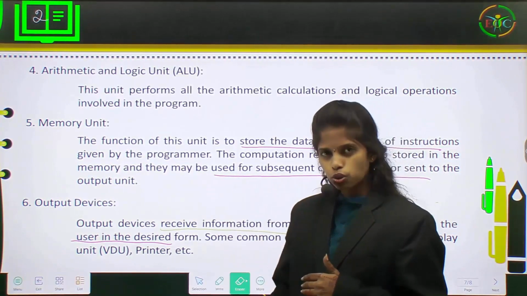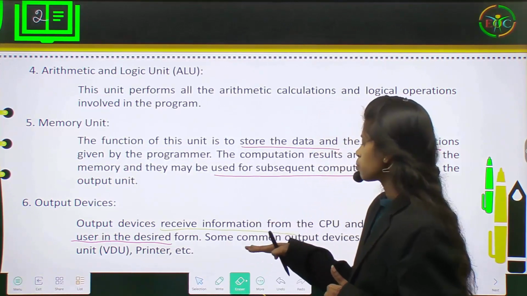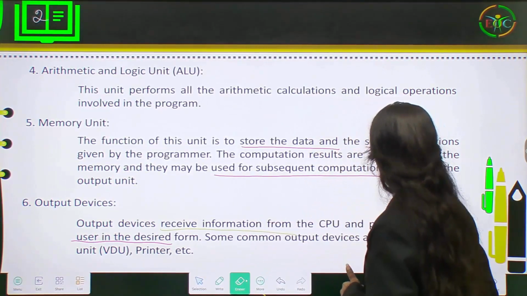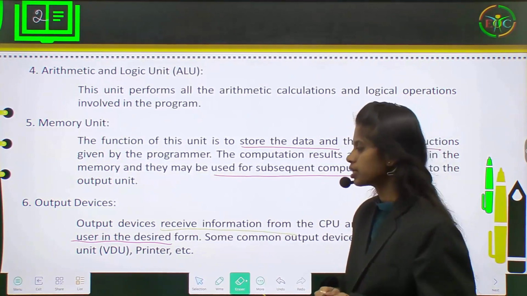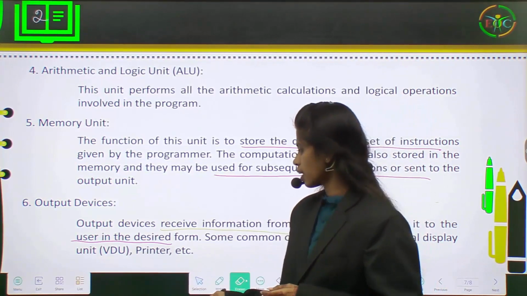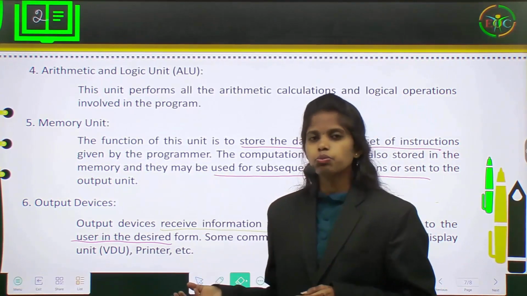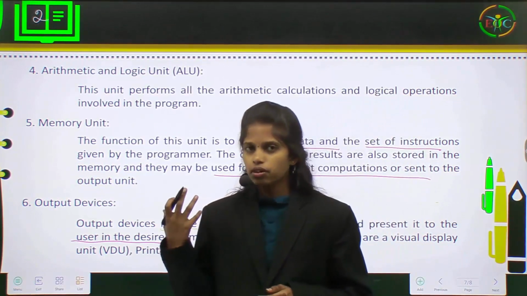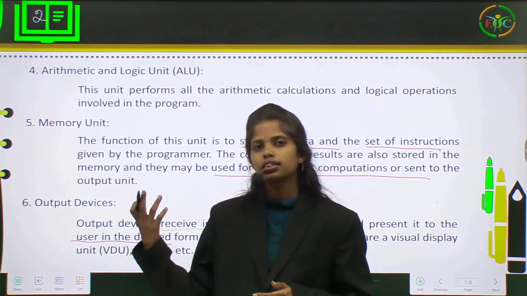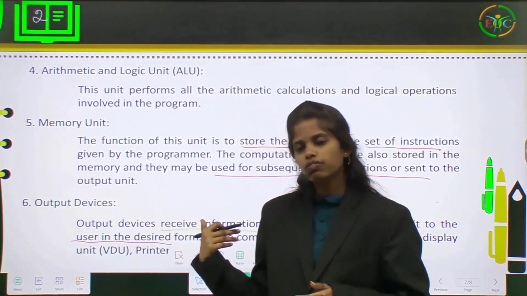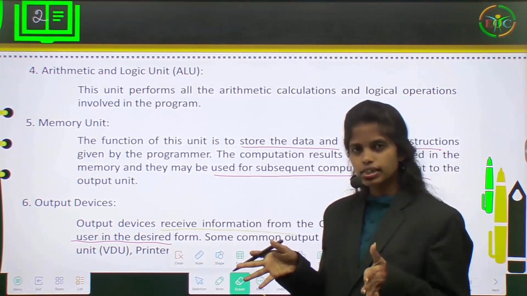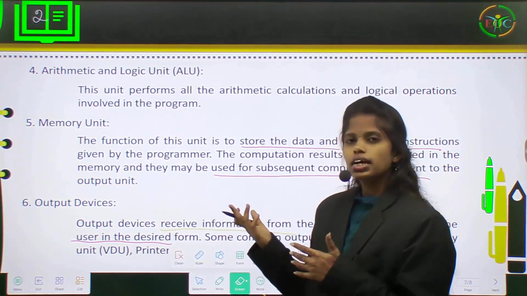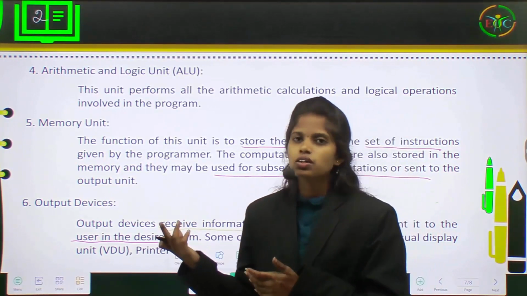Some common output devices are the visual display unit, printer, etc. For input devices you have the scanner, keyboard and microphones. All these are input devices. Output devices include the monitor, LCD display and speakers.